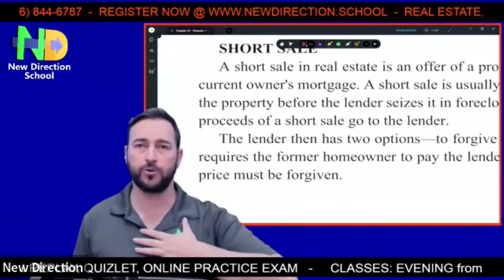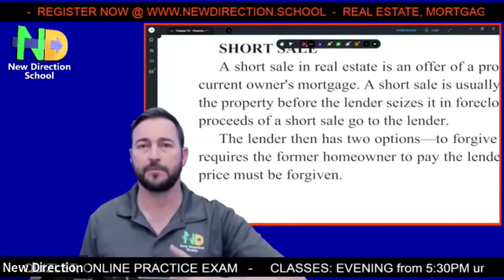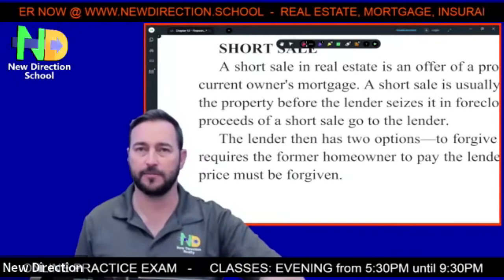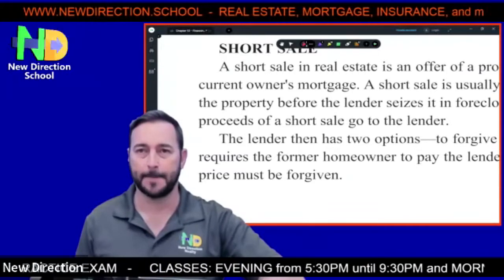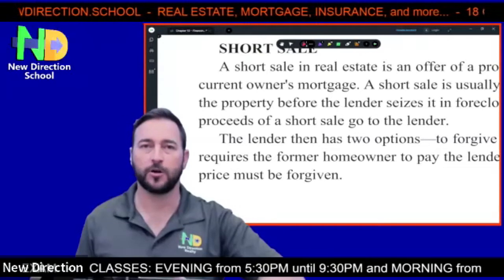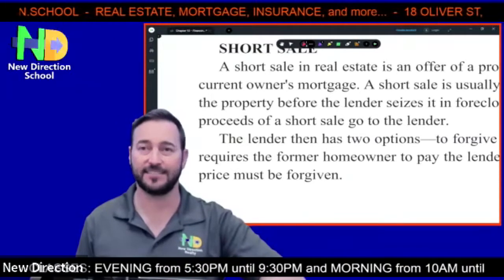So it's still you, the homeowner, selling the property. But because you're selling for less than what you owe, you cannot make any money. Okay? This is a crime. And a lot of people were doing this. A lot of people were negotiating to still walk away with money in the short sale. That is illegal.